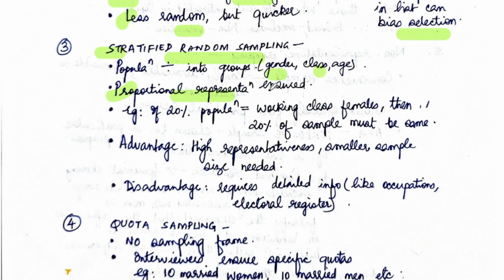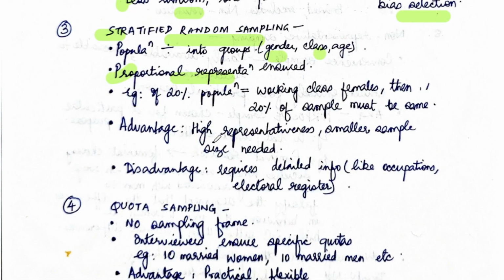How? If women form 40% of the population, then we ensure that our sample will also be 40%. If 20% of the population is working class female, then we ensure that the sample will also have 20% working class female.